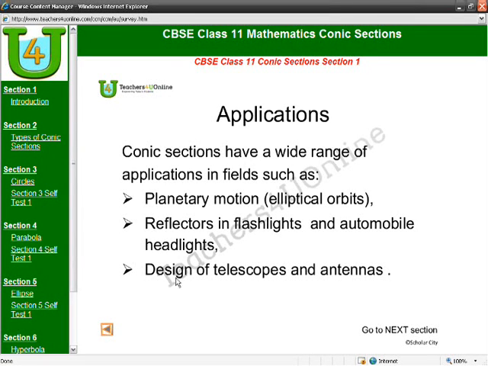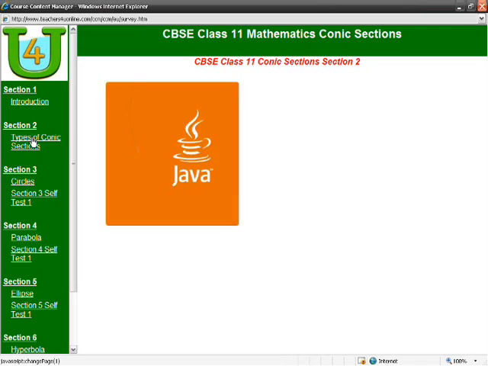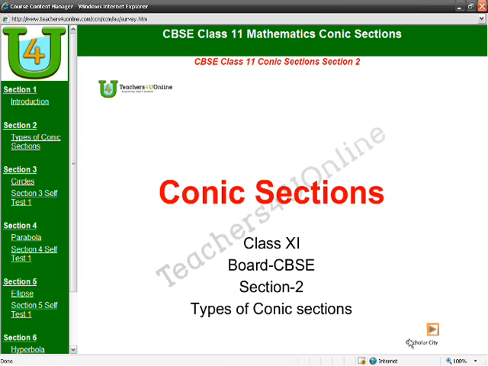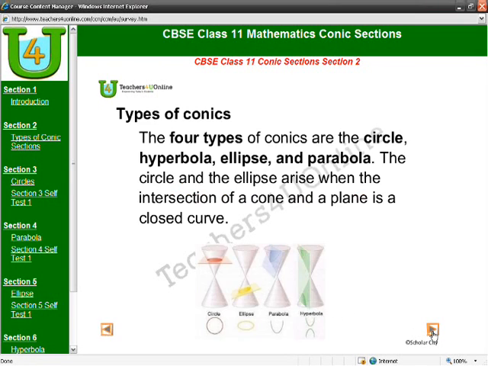Now, let us study the different types of conic sections. Can anybody tell me what are the different types of conic sections? You may already know a few of them. They are circles, hyperbola, ellipse, and parabola.